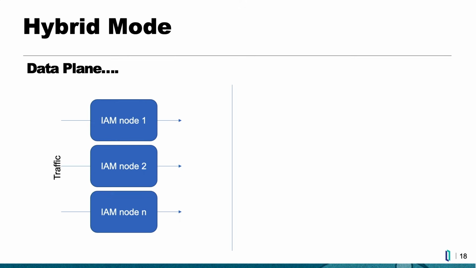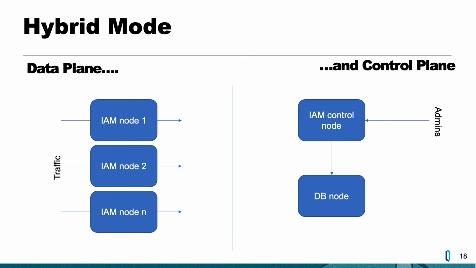And then you have the control plane on the other side. That looks much more like the setup that I've just shown you. It's one node of IAM connected to your database, which holds the configuration. In the control plane, you're going to configure your system. You're going to add routes, service definitions, consumers, plugins and all of these things.